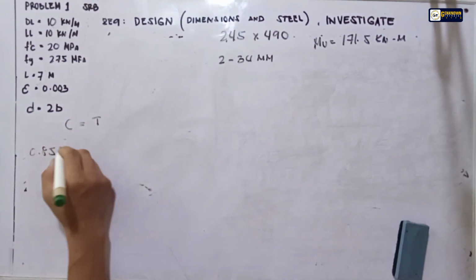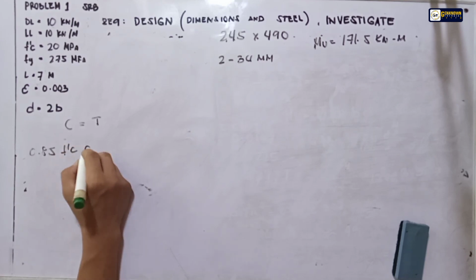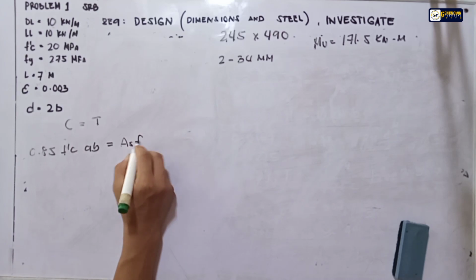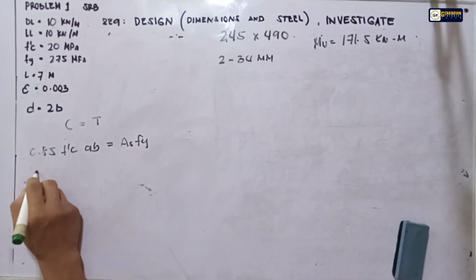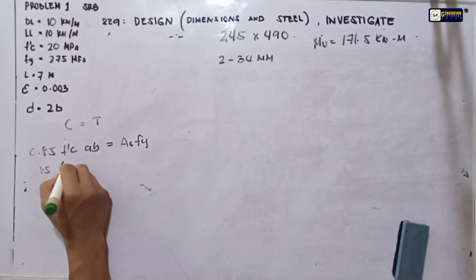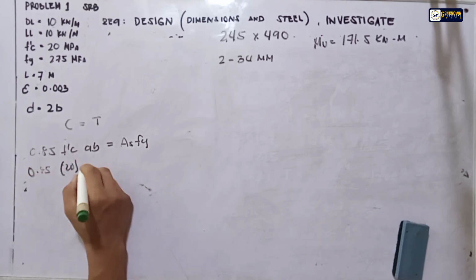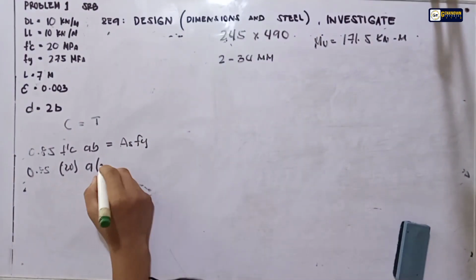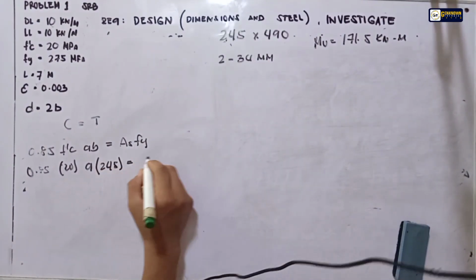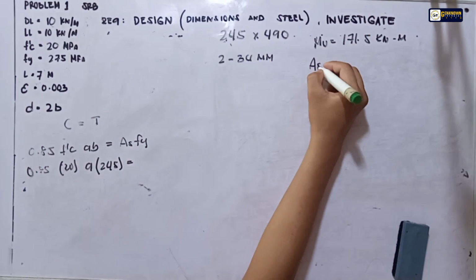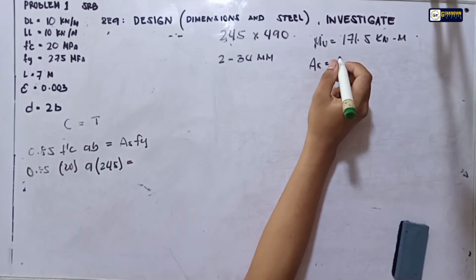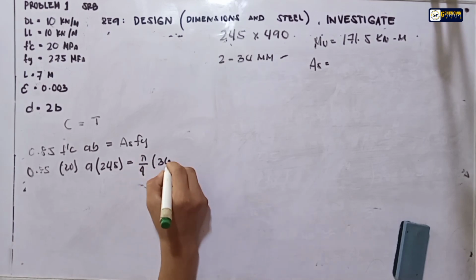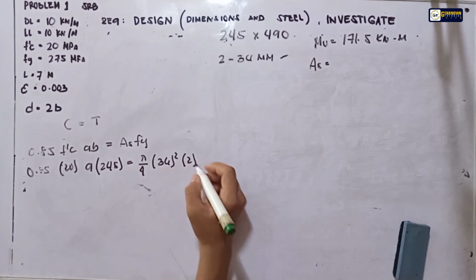0.85 multiplied by f'c a b is equal to the tension, As Fy lang. So, 0.85 multiplied by 20 times a multiplied by b, again, 245, is equal to, ang As pala natin is pi over 4 multiplied by 36 squared multiplied by 2.